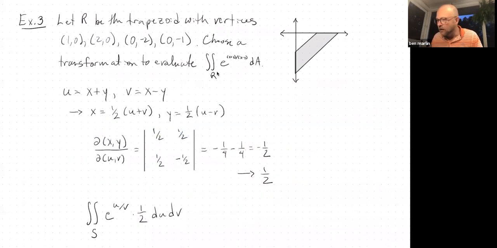And then across the bottom, we take the derivative of the y's, u and then v, and we get 1/2 and minus 1/2. So then when you go ahead and multiply the main diagonal, you get minus 1/4, minus multiply the transverse diagonal, and you get positive 1/4, but you're subtracting it. So we end up with a minus 1/2.